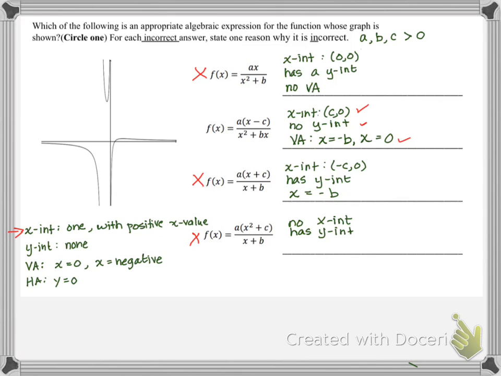Right. It only has one vertical asymptote, right? So it doesn't have a vertical asymptote at 0. It only has the negative one. So this has only one vertical asymptote, whereas on our graph, we have 2. What about the last one? And again, whoops, 1.